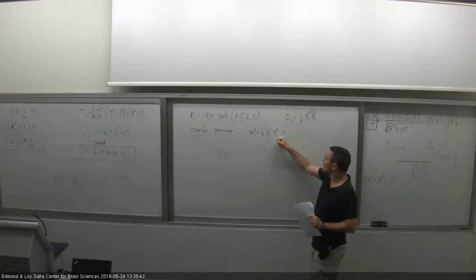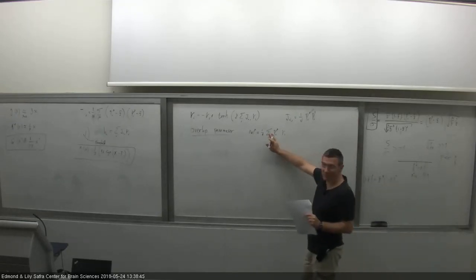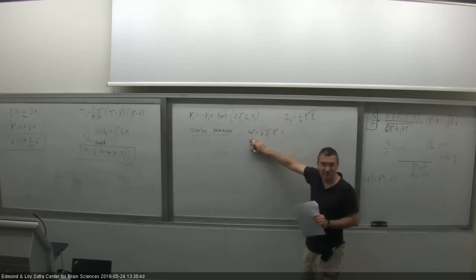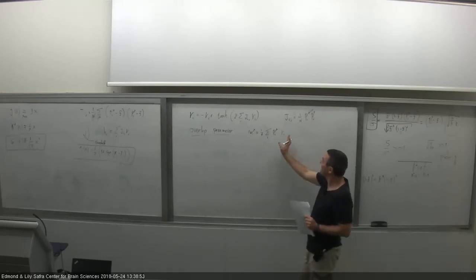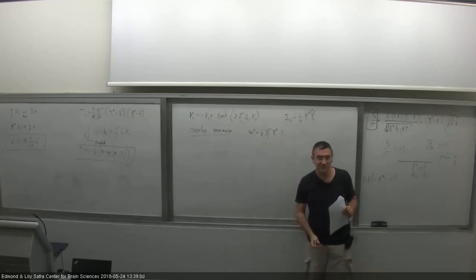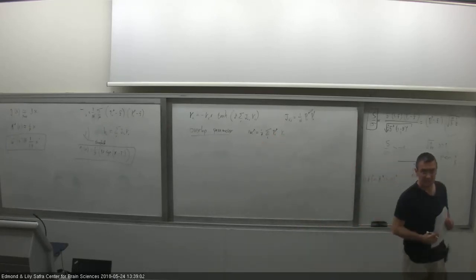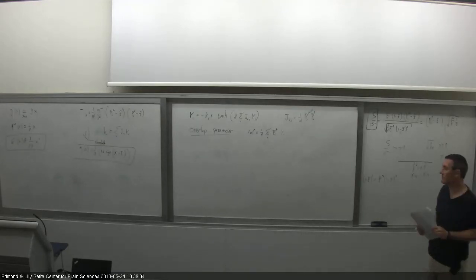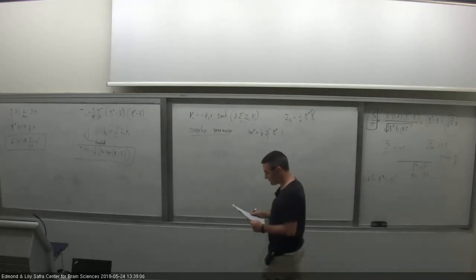So if all neurons are exactly equal to the memory pattern, then this overlap parameter will be equal to 1. If the pattern of activity in the network is orthogonal to a memory pattern, then the overlap parameter will be equal to 0. So this is an overlap parameter.